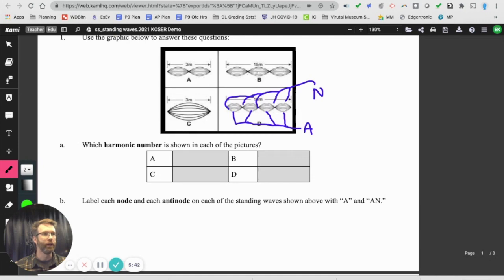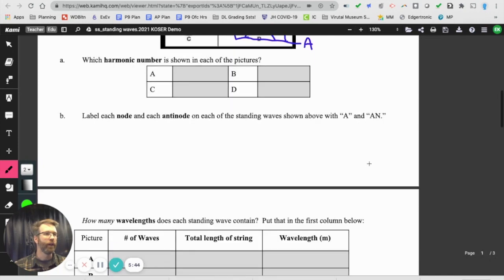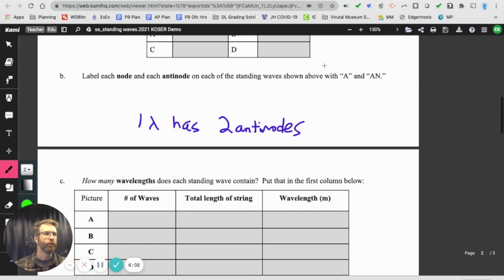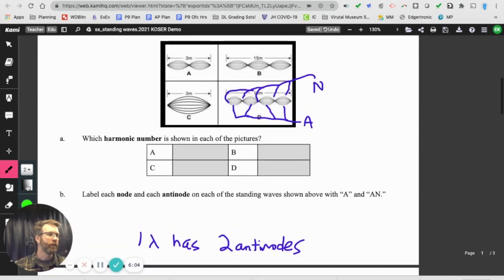You notice picture B has 3 antinodes, but we know that one wavelength has 2 antinodes.